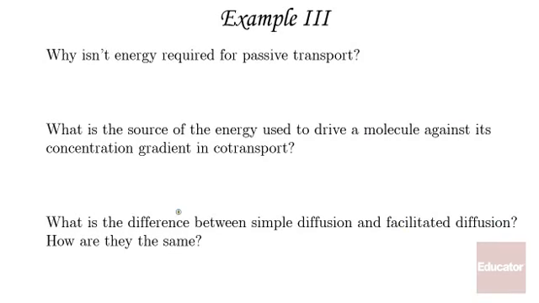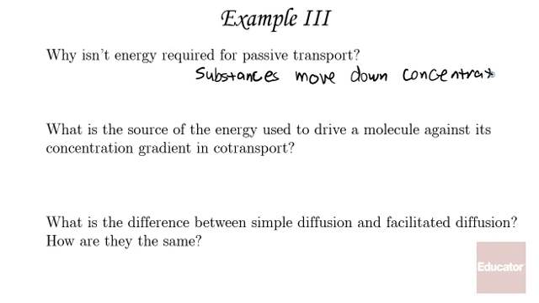Example 3. Why isn't energy required for passive transport? Recall that in passive transport, substances are moving down their concentration gradient. This is the direction that a substance wants to move in.